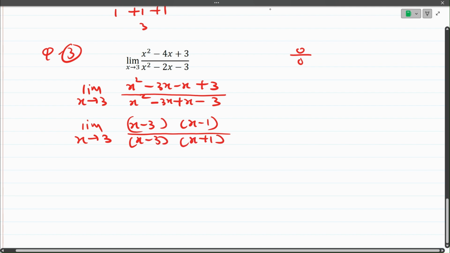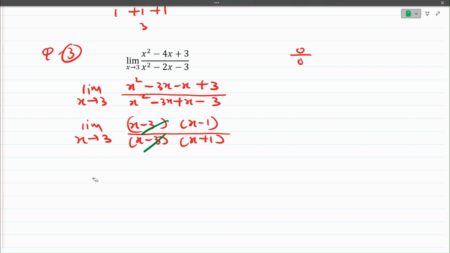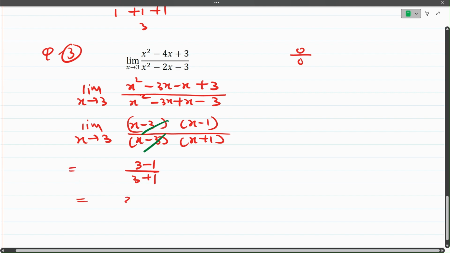We can cancel out x minus 3 from the numerator and denominator. And now we can substitute the value, which is 3 minus 1 over 3 plus 1. That's 2 over 4, or we can say 1 by 2.